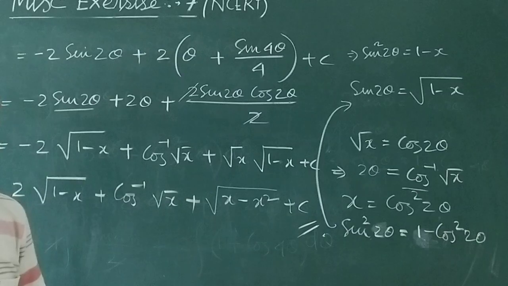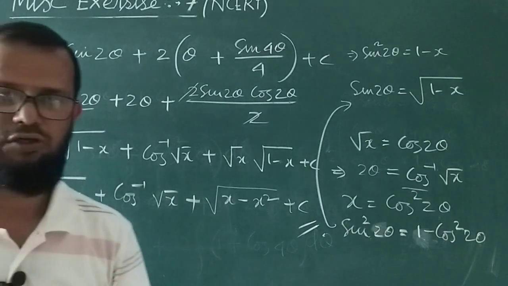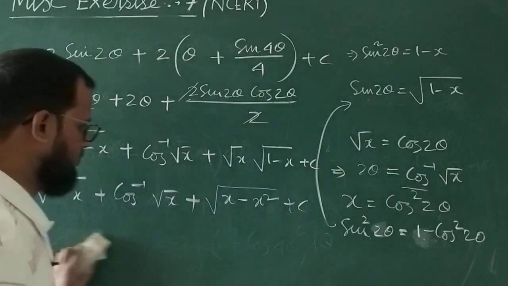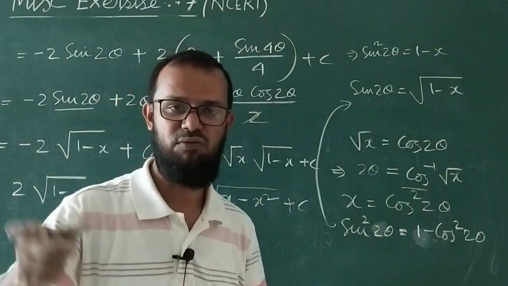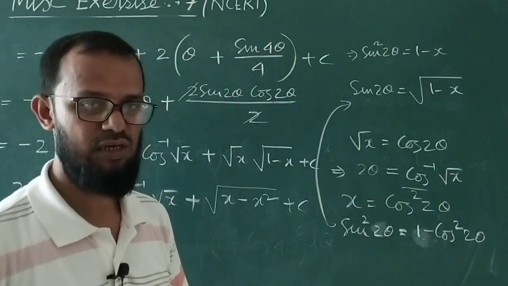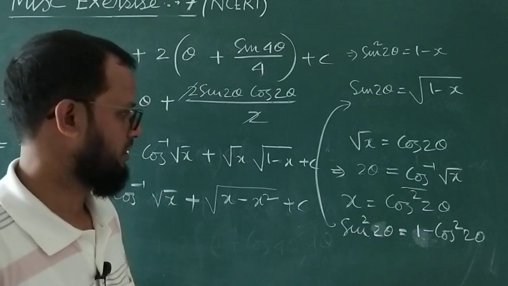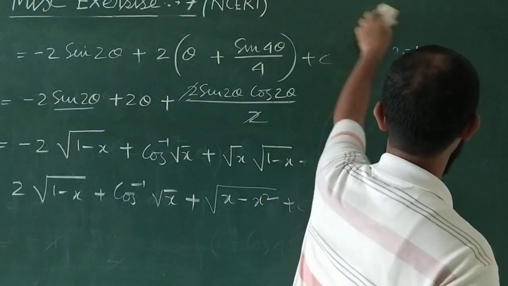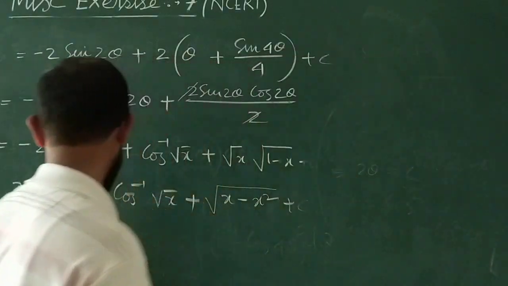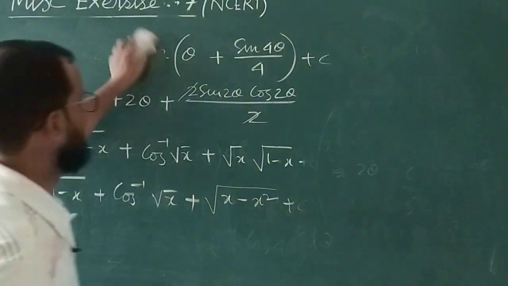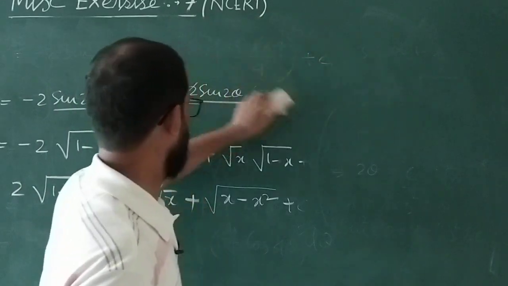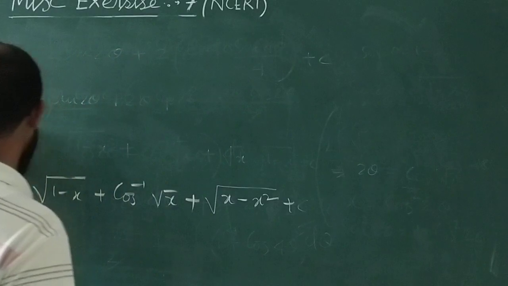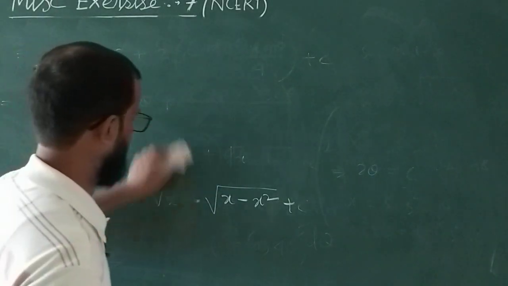In many questions where you use trigonometric substitution, you need two very important formulas, like 1 minus cos 2 theta and 1 plus cos 2 theta. These two formulas are usually used in the questions. So kindly, all of you, go through the formulas, make yourself expert, and then you will enjoy solving these integrals.